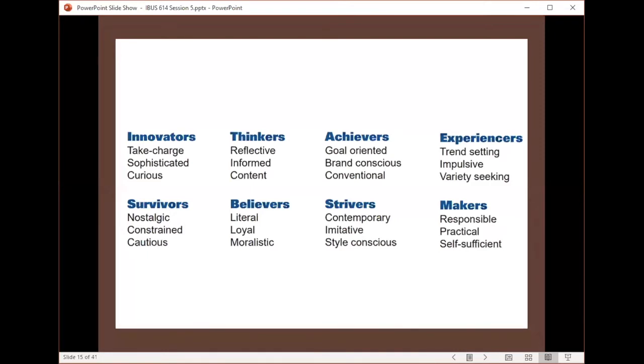And they also care about the content of the products that they purchase. So they are concerned about functionality, durability, and how much value they are getting based on how much they are spending and the level of durability and functionality they are getting in return. And that is it for the thinkers.